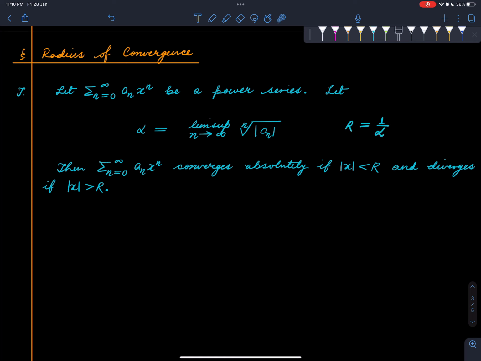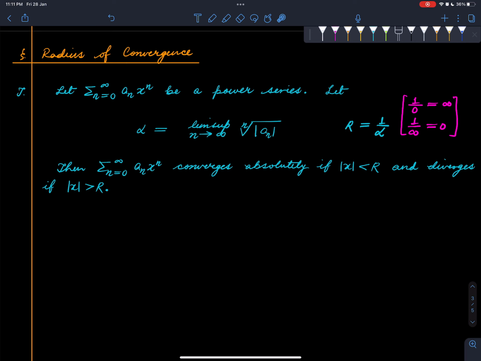And I should mention that if alpha is 0, which it could be, then r is to be taken to be infinite. And if alpha is infinite, then r is to be taken to be 0. So the convention is 1 upon 0 is positive infinite and 1 upon infinite is 0. Under this convention, we have written this equation.